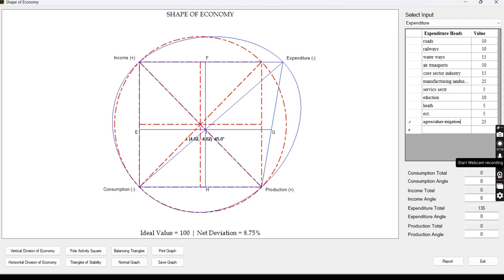So, the first default value I told you is 100, and I have added 35 because the total has to be 135. I have allocated different aspects of it. Now, if you put the angle ruler on the square, because the changes are to take place in the square that we call the square of economy.